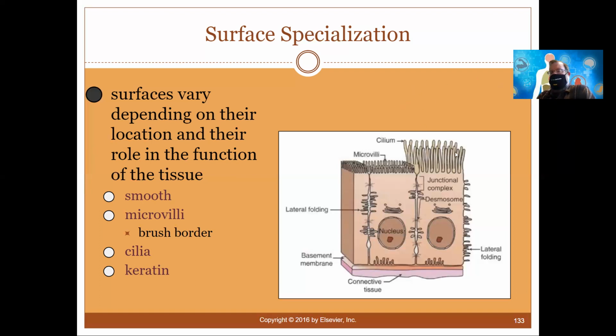But the goblet cells secrete the mucus that enables these to be a little stickier. So when particles pass through, they get stuck to the cilia that are sticky from the mucus of the goblet cells. Okay, so definitely think in the respiratory tract. That's where we see a lot of that pseudostratified.